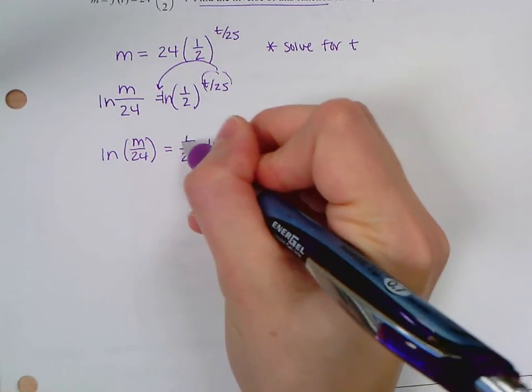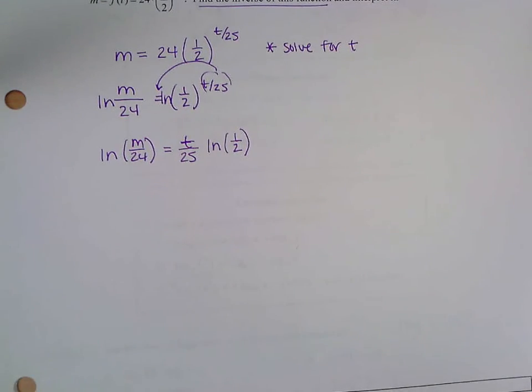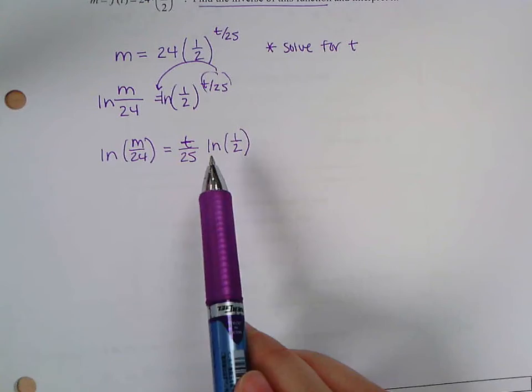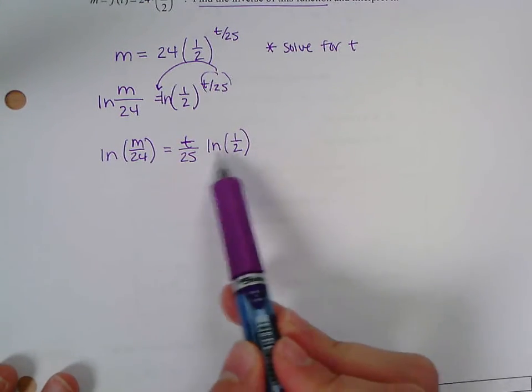Now I could have used log of any base. I could have used log base 10 if I wanted to. I just chose natural log because we use it most often. And now from here, I would have to multiply by 25 and then divide by natural log of 1/2.